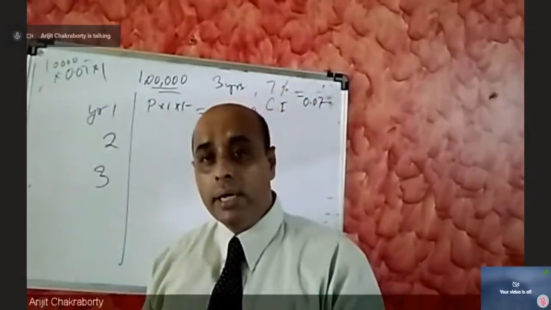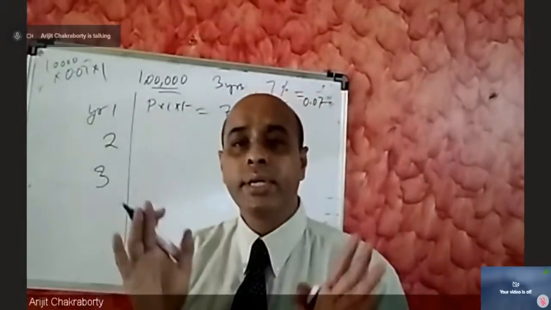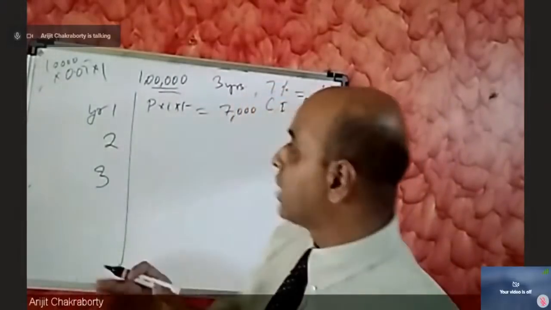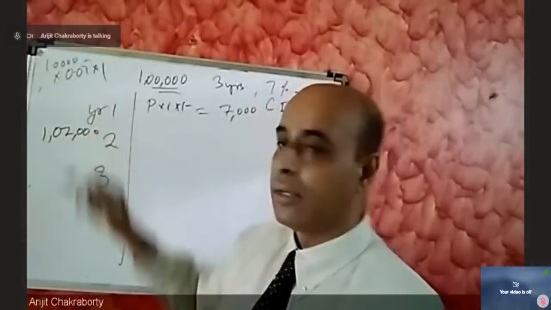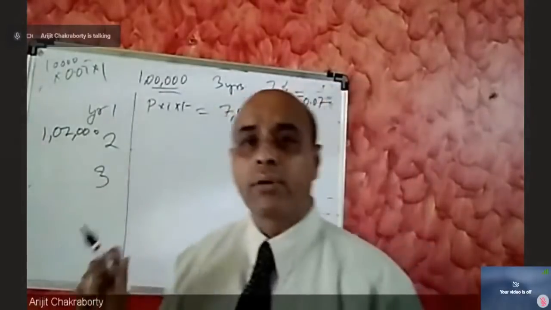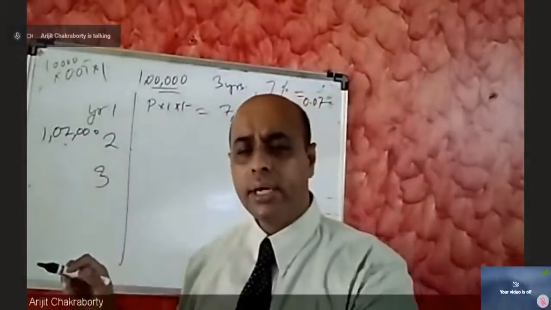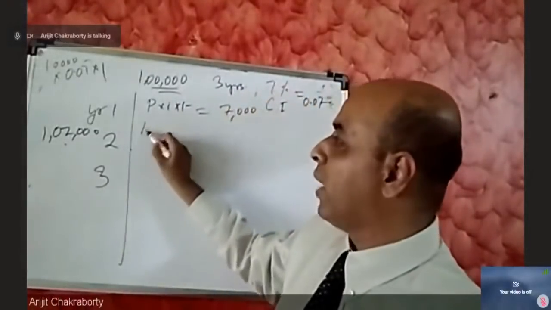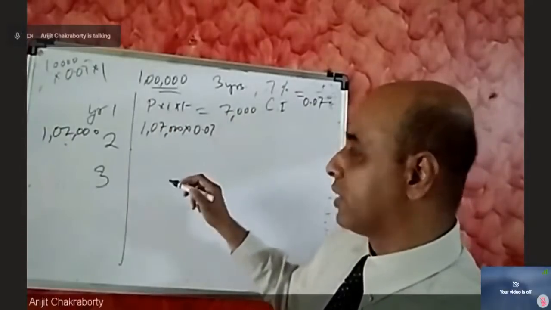But now this 7,000 gets added with the original principal of 1 lakh. So now the revised principal becomes 1,07,000. Okay, and now in the second year we are calculating the interest on 1,07,000. If you just calculate, you have a calculator in hand, you will find that it is 1,07,000 into 0.07.